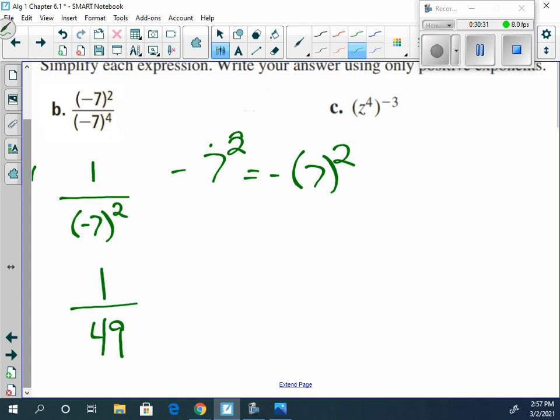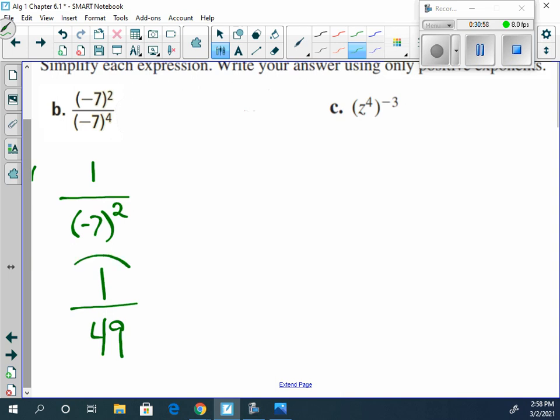So if we want negative 7 squared, we need those parentheses because we want negative 7 times negative 7. Does that kind of make sense? If there's a negative, we really want to keep the parentheses. If you're not sure, should I keep the parentheses or not when multiplying or especially plugging it in, keep them. Because there's nothing wrong with having them there. Okay?